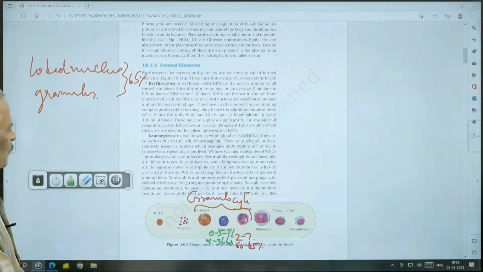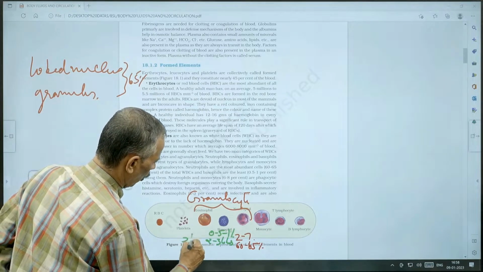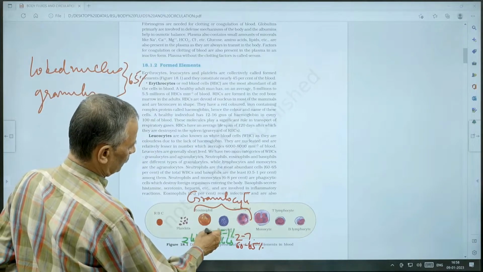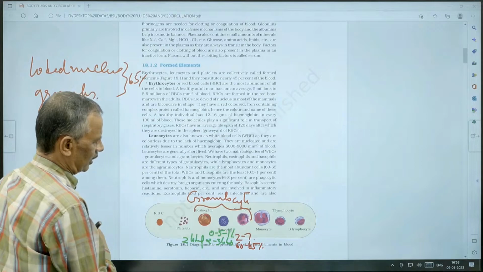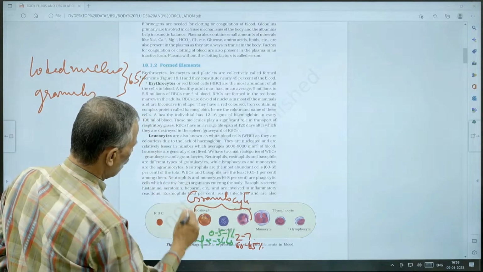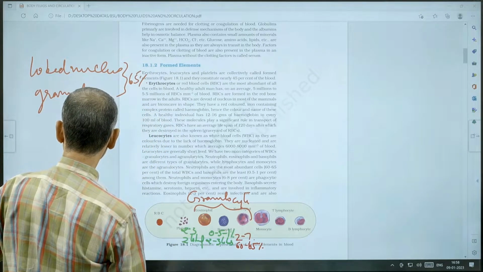In eosinophils, only 2 lobed. And their number will be, eosinophils will be 2 to 3%. Okay? 2 to 3%.